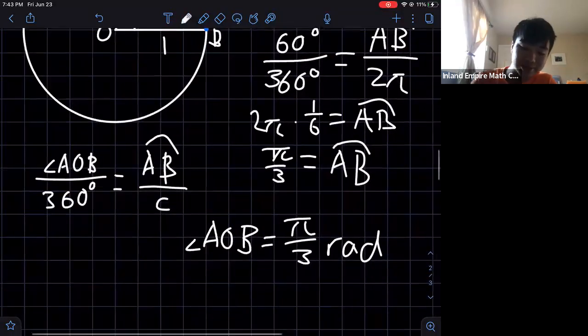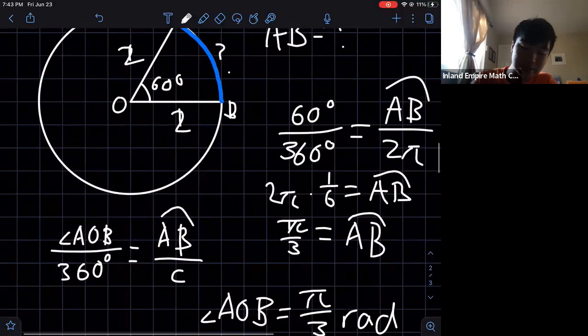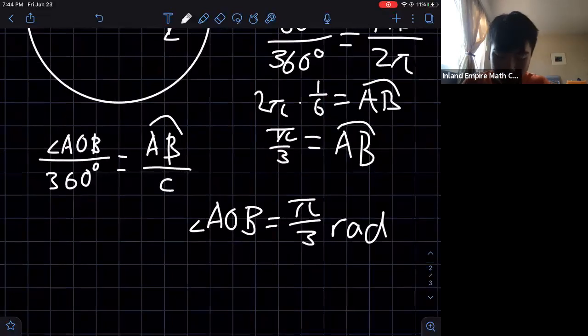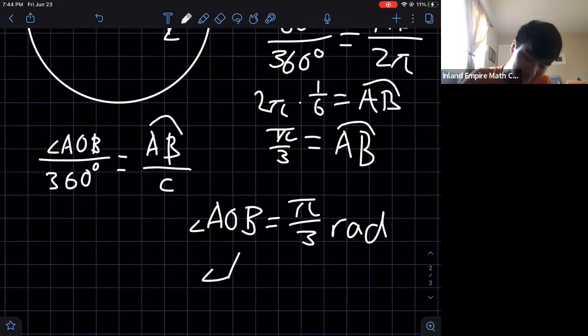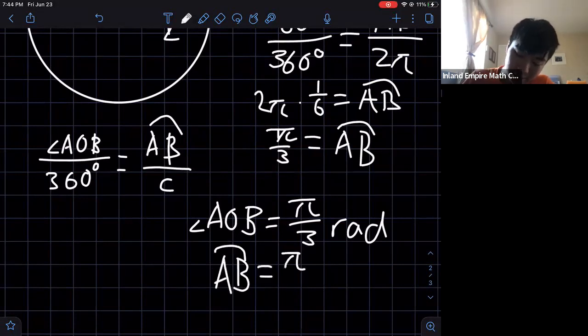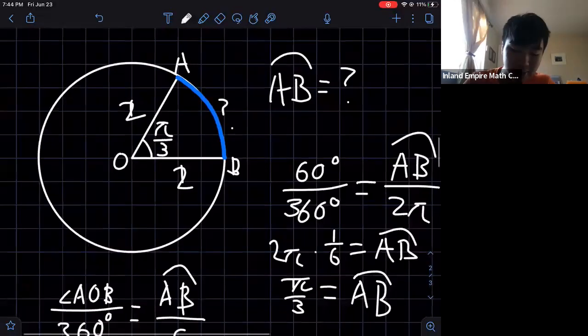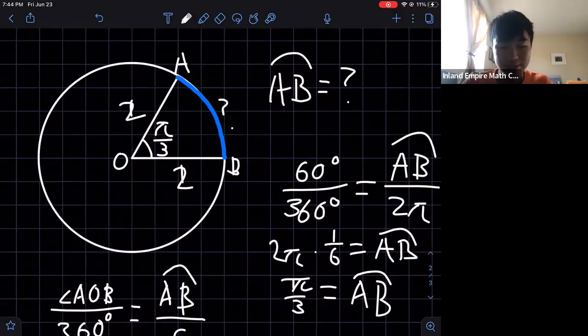So if, for example, this was 2 instead of 1, and the radian measurement of the central angle was still pi over 3, then we just multiply that by 2 to get AB equals pi over 3 times 2, which will just equal 2 pi over 3, meaning that in this case, the arc length of AB is 2 pi over 3.